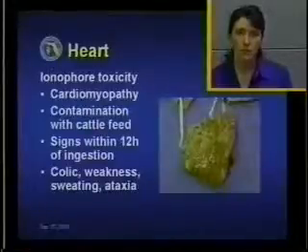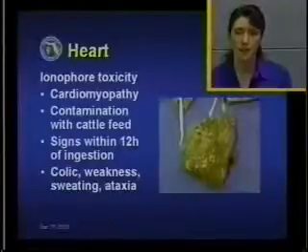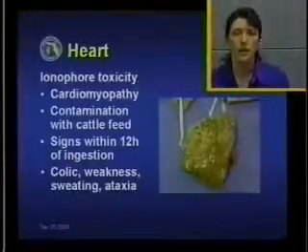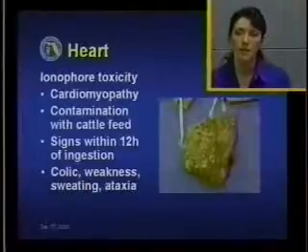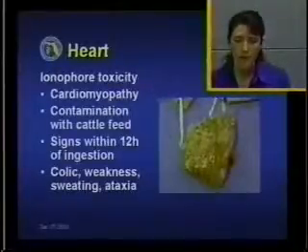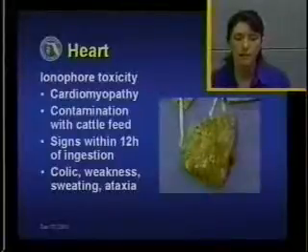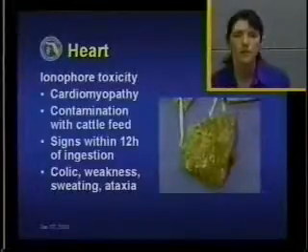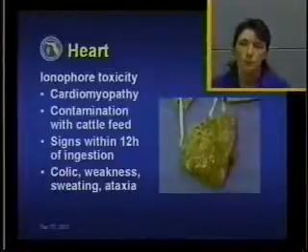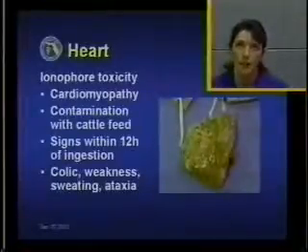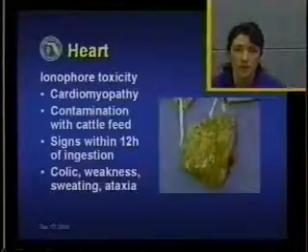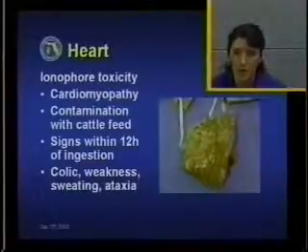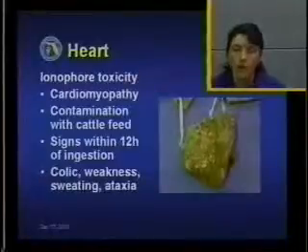signs can also be related to cardiac disease, because this toxin affects the myocardium very specifically. And the clinical signs that you will see will be arrhythmia and defects in arterial pulse. The cases where horses survive can actually long-term keep signs of cardiac dysfunction and become cases of heart failure.